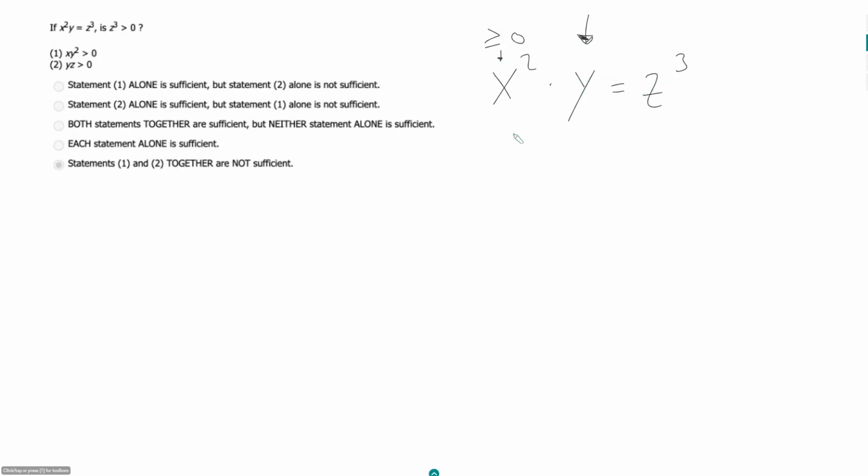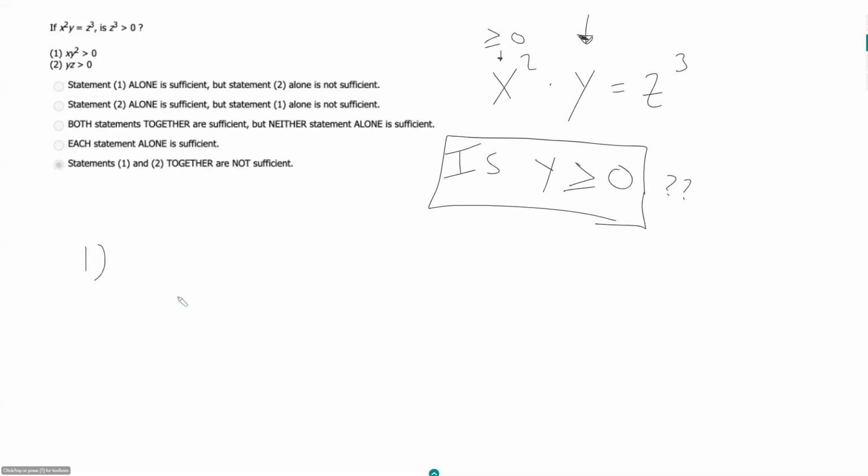So you can rephrase this question as: is y greater than or equal to 0?